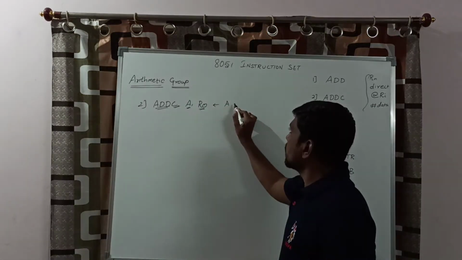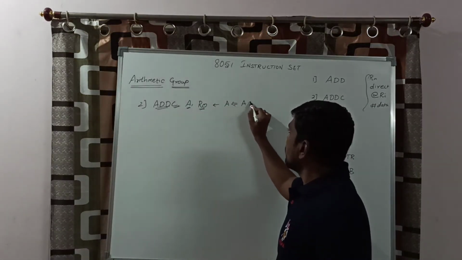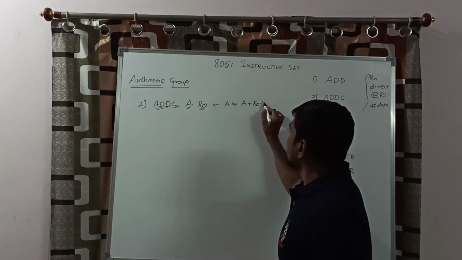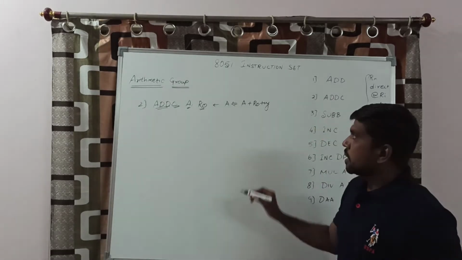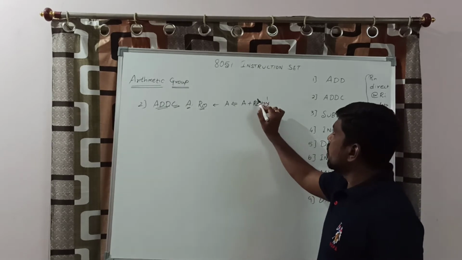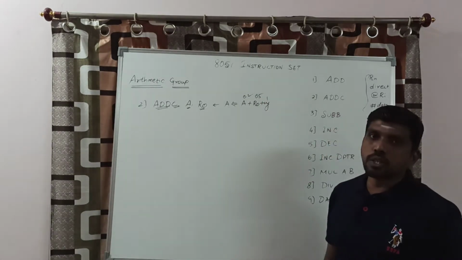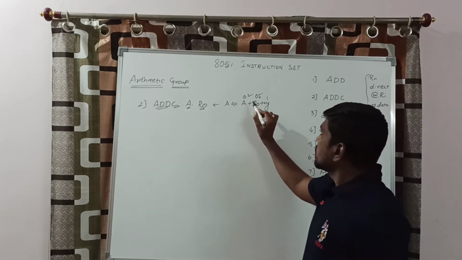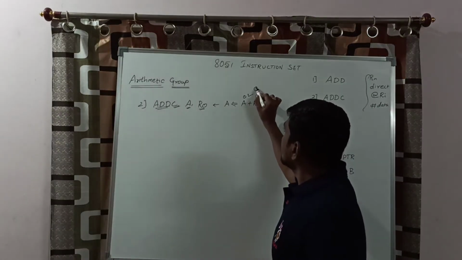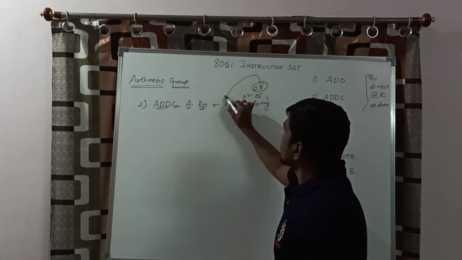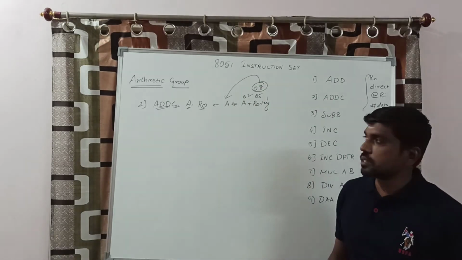The result is stored in the accumulator: A plus R0 plus carry value. Let us consider the carry value 1, R0 content 05, A content 02. Just adding the 3 contents, you get the result 08. This content is stored in the accumulator register.